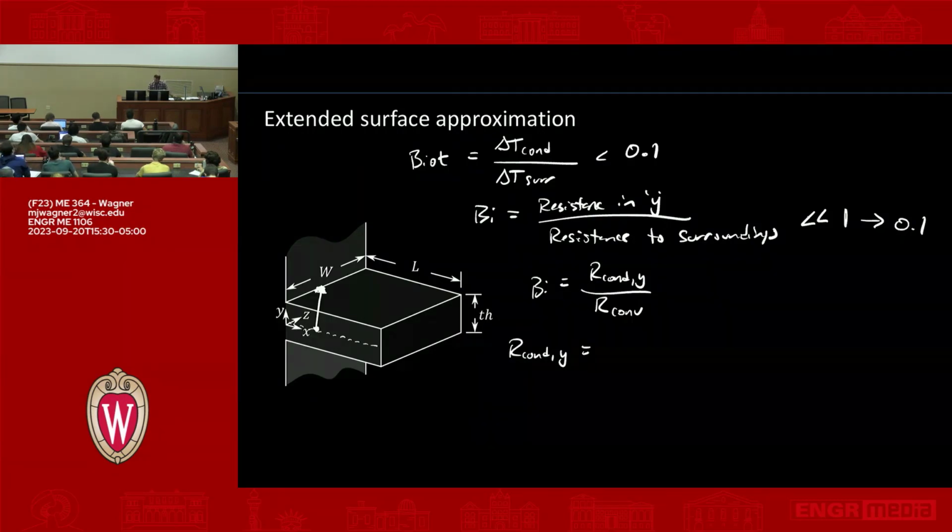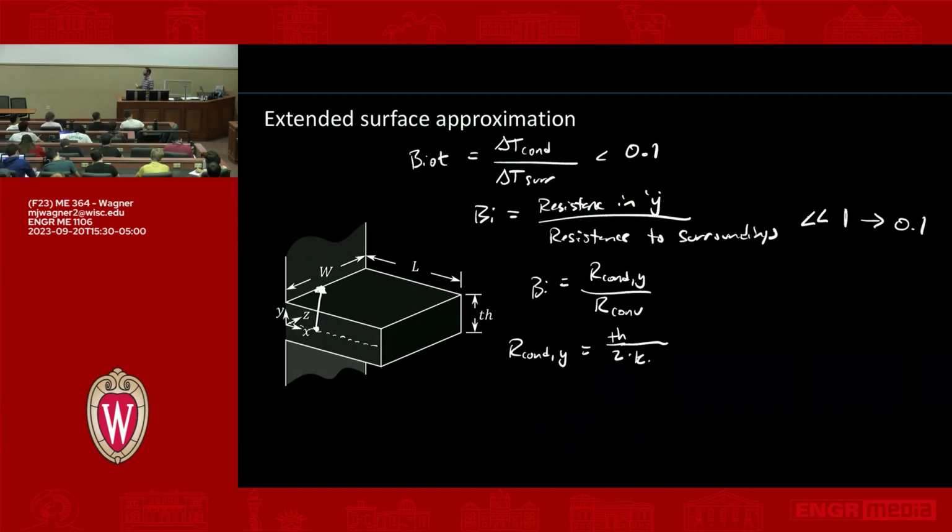That's going to be the distance to conduct. What's the distance to conduct? It's actually thickness over 2. Thickness over 2 is my distance to conduct. So distance over K times A, where K is the material conductivity and A is the cross-sectional area.